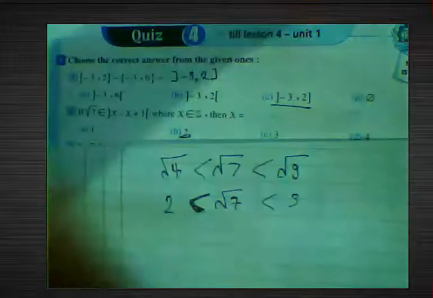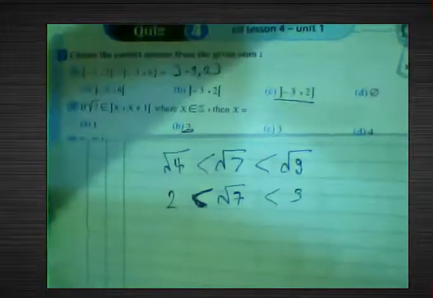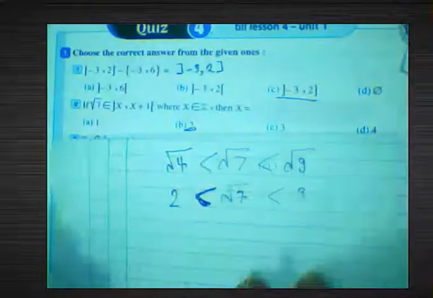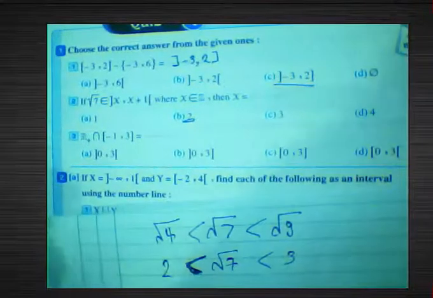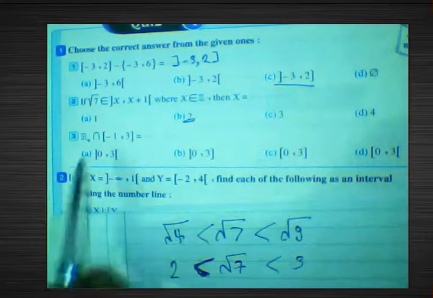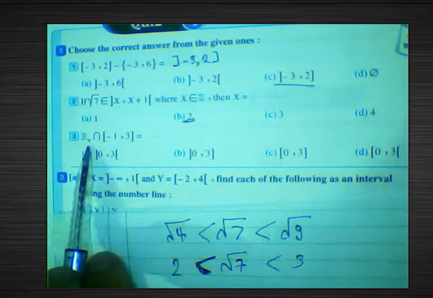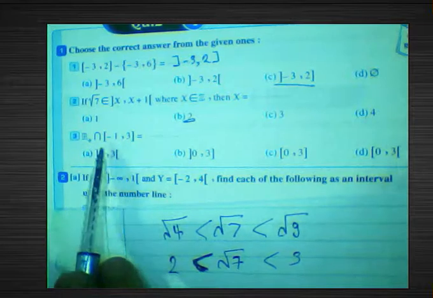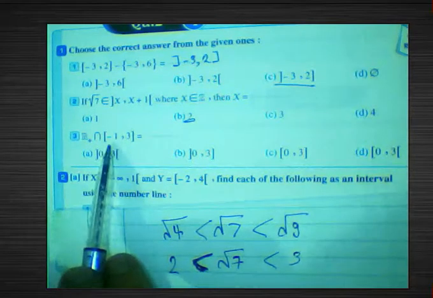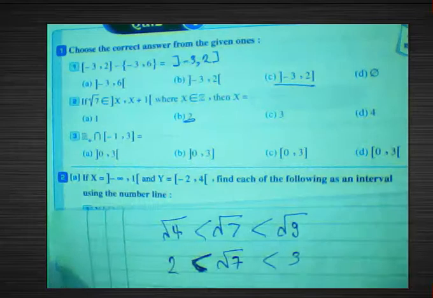It's okay, x will be 2. Another question, number 3. R positive intersection the closed interval from -1 to 3 equals what?